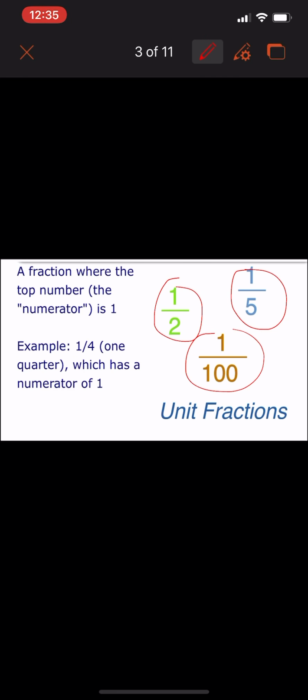As you see here, 1 out of something, 1 out of the total number of the parts. So a unit fraction is a fraction that has 1 in the numerator. It's a part of the total number, so it shows each part.